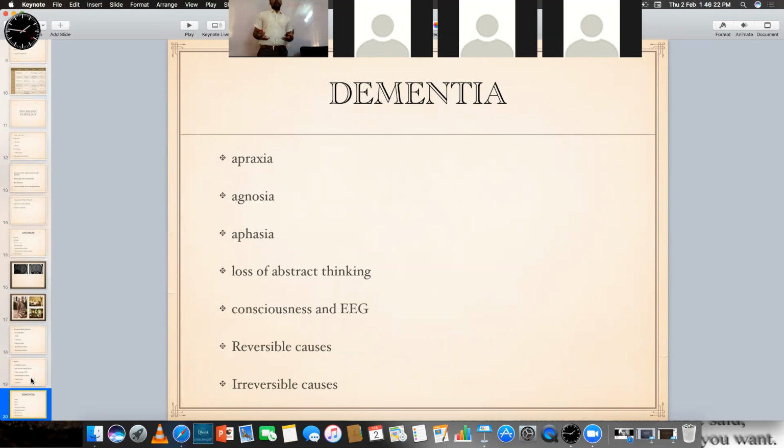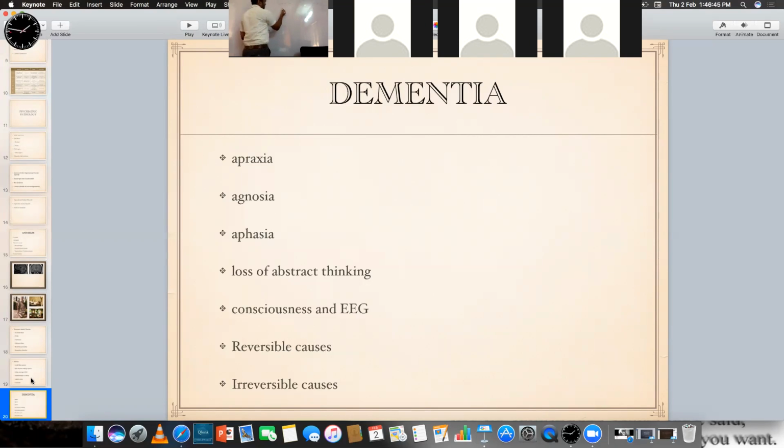So it may be... Aphasia is what? Inability to speak. So what are the different ways that a person is unable to speak? Do you call it aphasia even if they're unable to articulate words? What is aphasia basically?